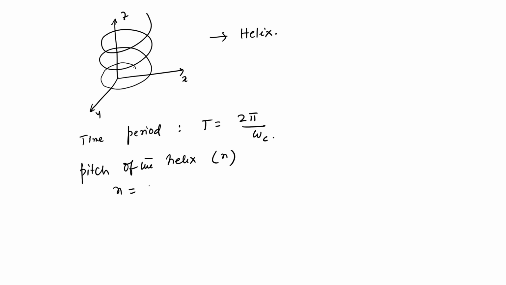So, n is equal to Vz into T, that is Vz times 2 pi over omega c, which equals Vz into 2 pi m over qB. So, that is the pitch of the helix, and this is exactly integrating out the equation of motion, and that is what we did here.